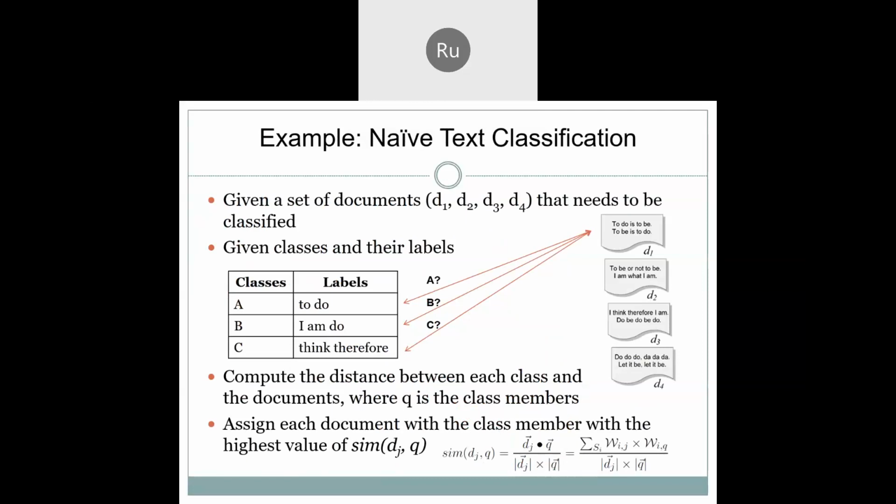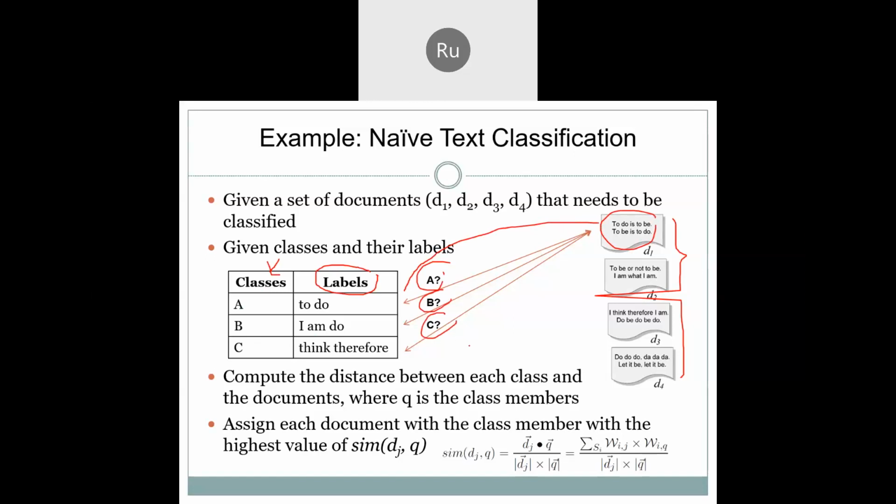Okay, given that we have four documents here, and we say this is the label of the classes that we have: A, B, C. So in order for us to classify each document, we just compute the distance between document one and class A, which is this one.